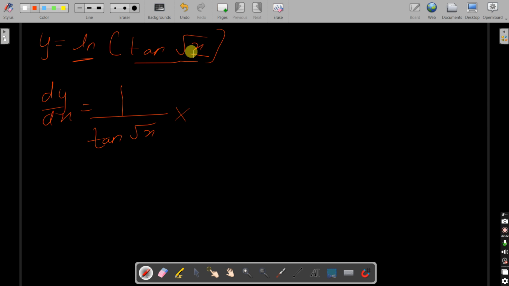Suppose this thing as x. So the derivative of tan is sec square x, right? This will be sec square under root x, multiplied by the differentiation of this.